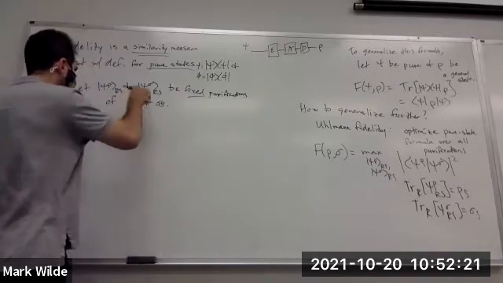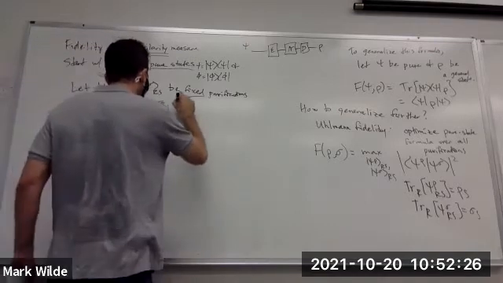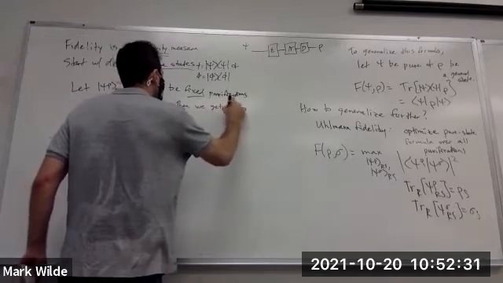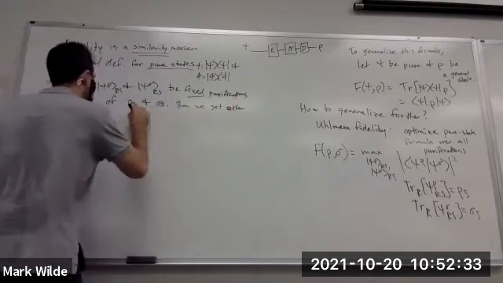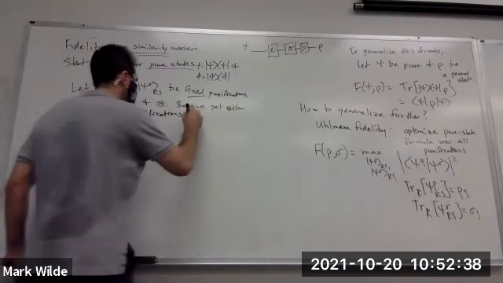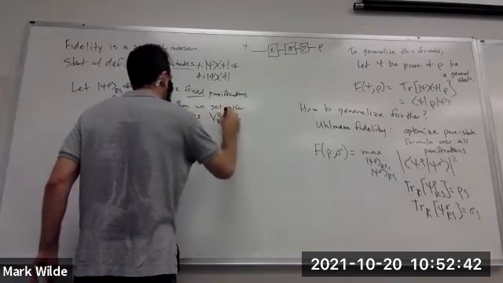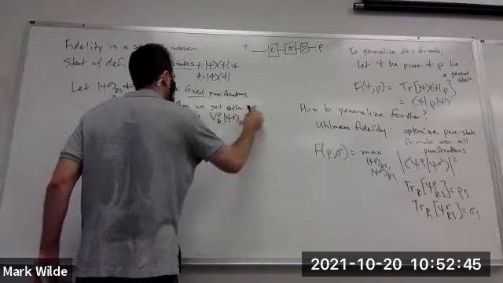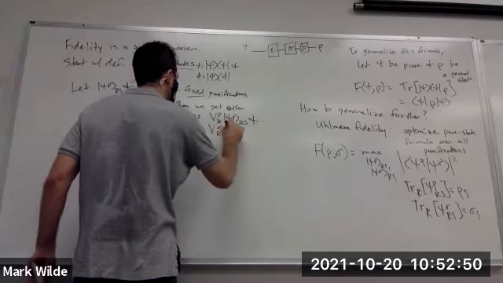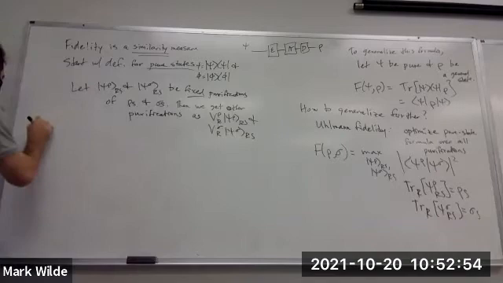And the reference system will be the same size as the system of interest. Okay. Then we get other purifications as V rho on R, psi rho RS, and V sigma on R, psi sigma RS. This formula we can rewrite like this.